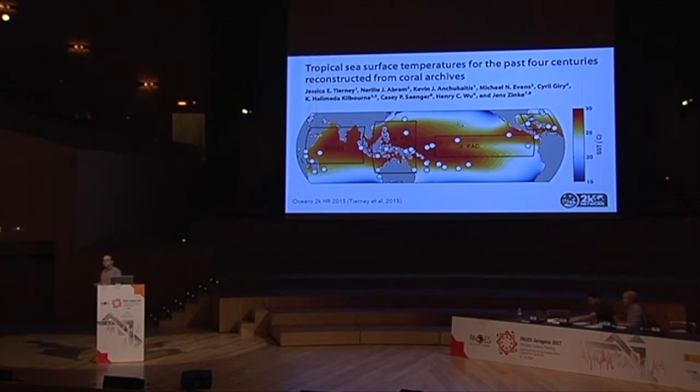So there is some spatial characteristic to these reconstructions. Each box is independent. It doesn't share any coral data with any other box. And what we can use this to do is start to look at not simply the magnitude of the climate response to volcanic forcing in the tropical Indo-Pacific, but also how this varies in space.